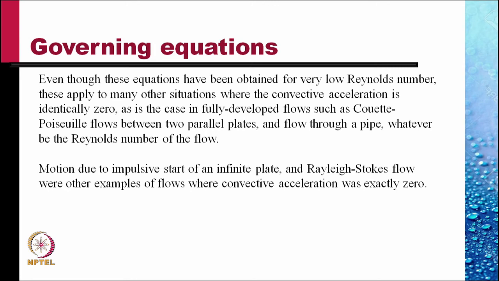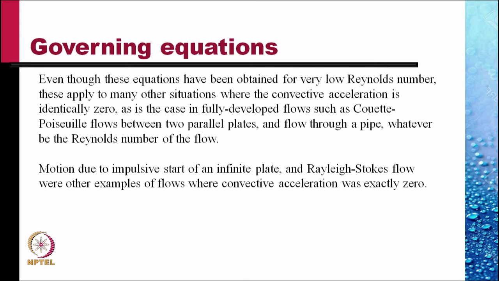There, the convective acceleration is identically equal to zero, and so it is only the pressure forces that balance the viscous forces. And so the equation is the same as the equation for the low Reynolds number flow, even though the Reynolds number could be very high in those flows.